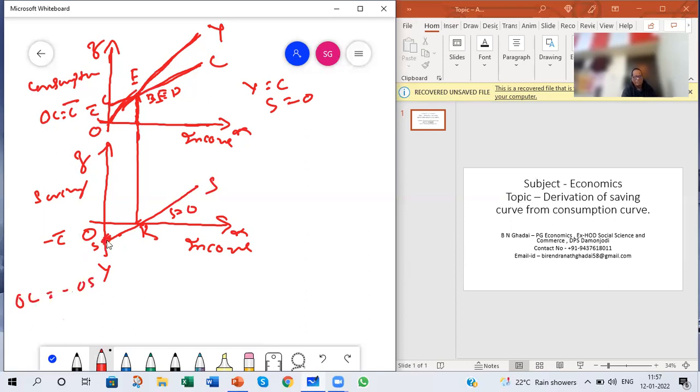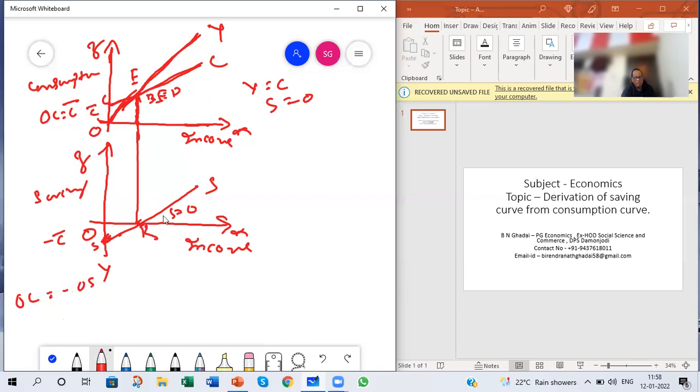That's why the saving curve has started from the negative area. At point R, which corresponds to point E, the break-even point, Y is equal to C, meaning income is equal to consumption, so saving is 0. That's why the saving curve has intersected the x-axis at point R.